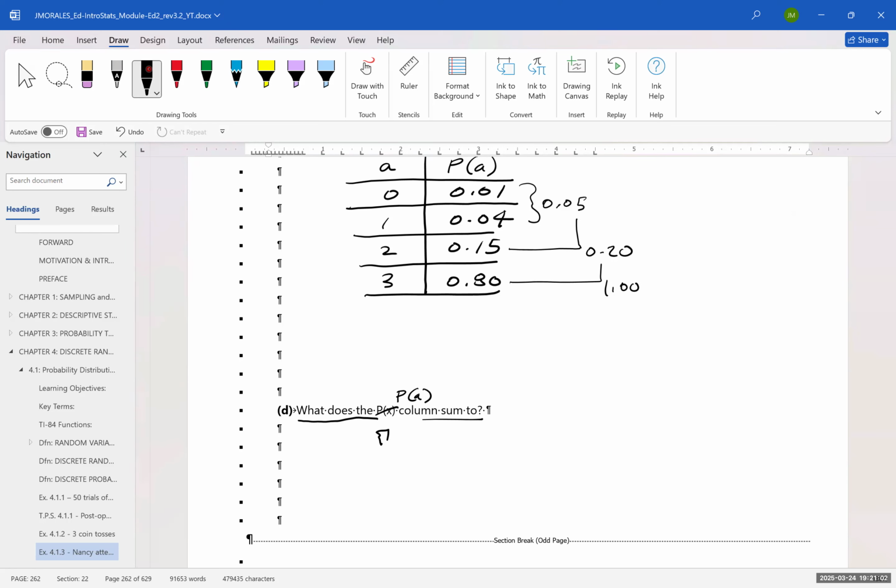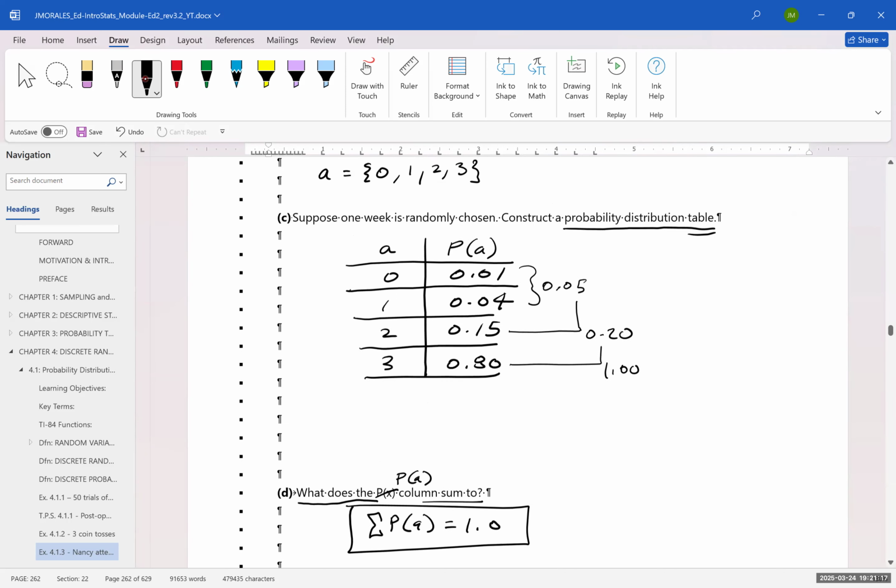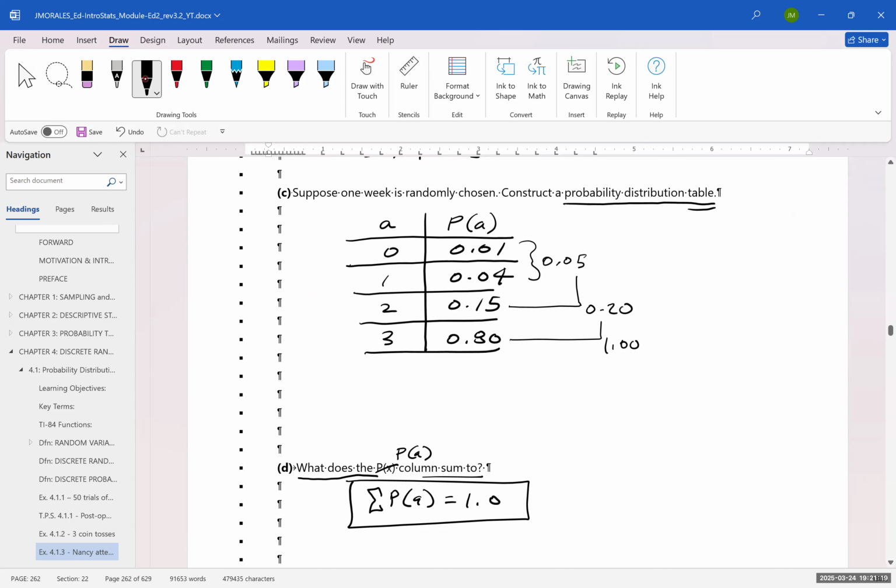So the sum of all the probabilities of A is equal to 1.0. And each of these is a value between 0 and 1. So this would technically be a probability distribution function.